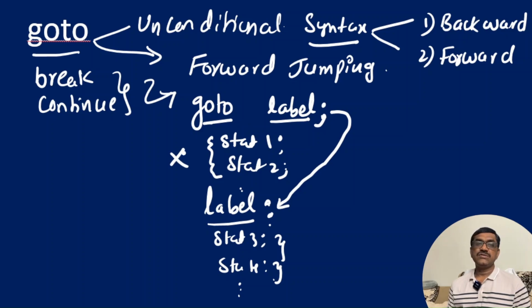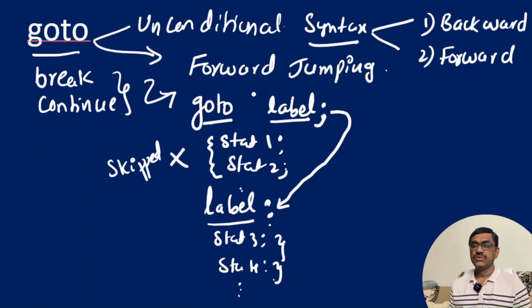These statements are simply skipped. They are not executed. You can ask, sir, when these are not executed, what is the use of writing those statements in the program? No use. So my suggestion is don't prefer the goto statement while writing programs. That is the drawback, and that's why most programmers do not prefer using the goto statement.